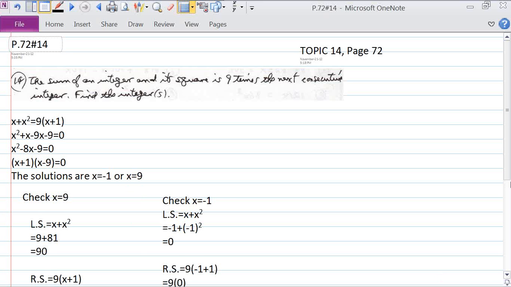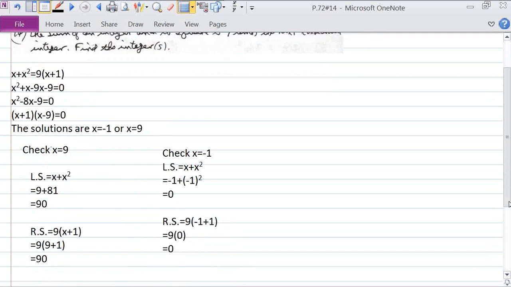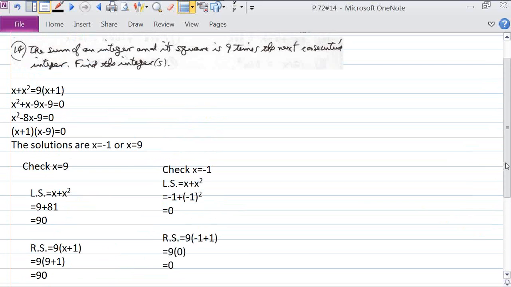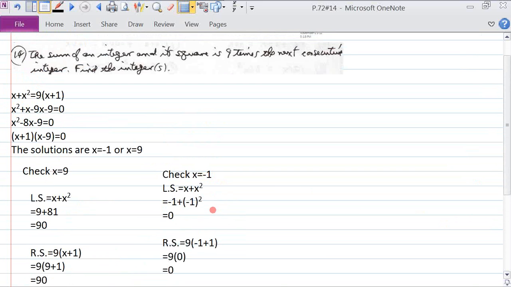So if we check with x equals 9, and we put this into the left side, x plus x squared, we get 9 plus 9 squared, which is 81. We get 90. The right side is 9 times x plus 1, so this is 9 times 10, which is 90. We check with the minus 1.